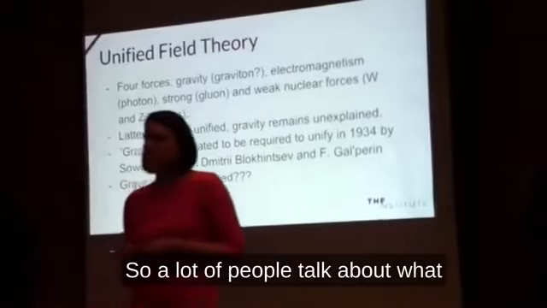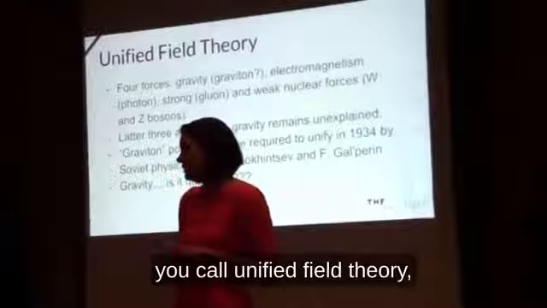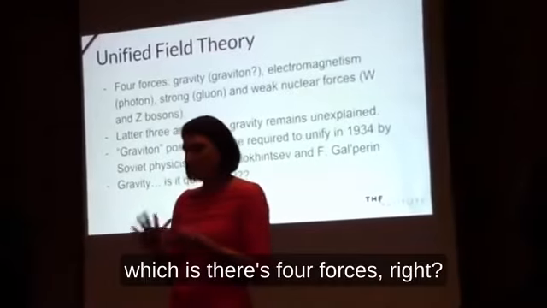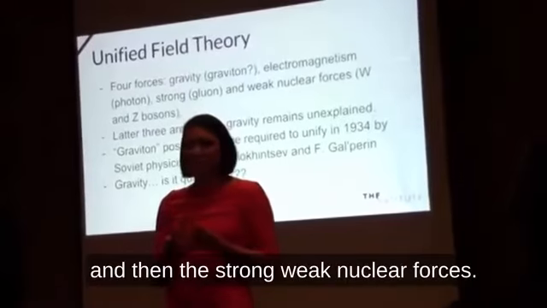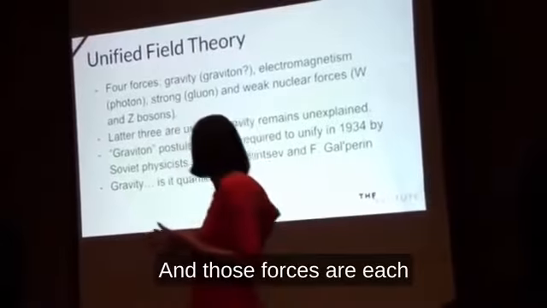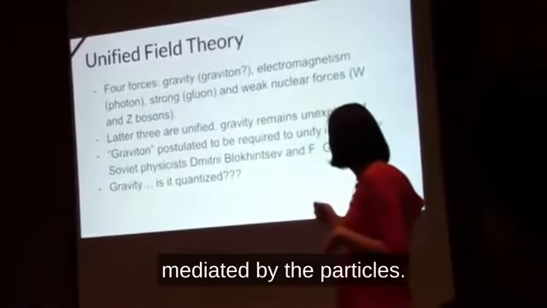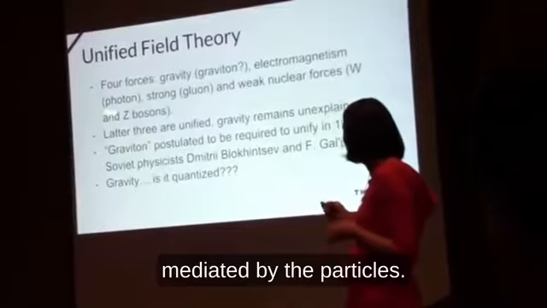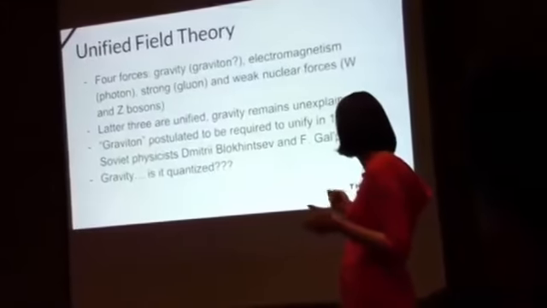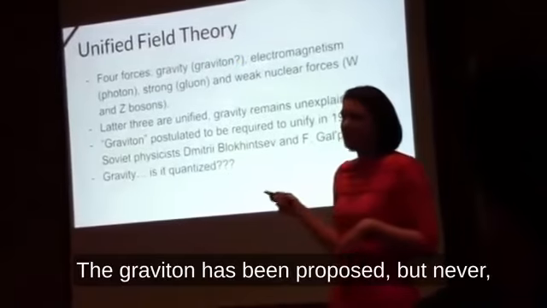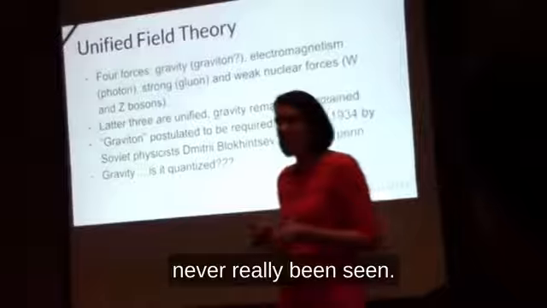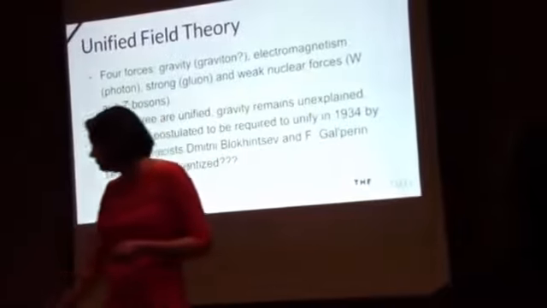So a lot of people talk about what you call unified field theory, which is: there are four forces, right? There's gravity, electromagnetism, and then the strong and weak nuclear forces. And those forces are each mediated by particles, so the photon, the gluon, and the bosons. The graviton has been proposed, but never really been seen.